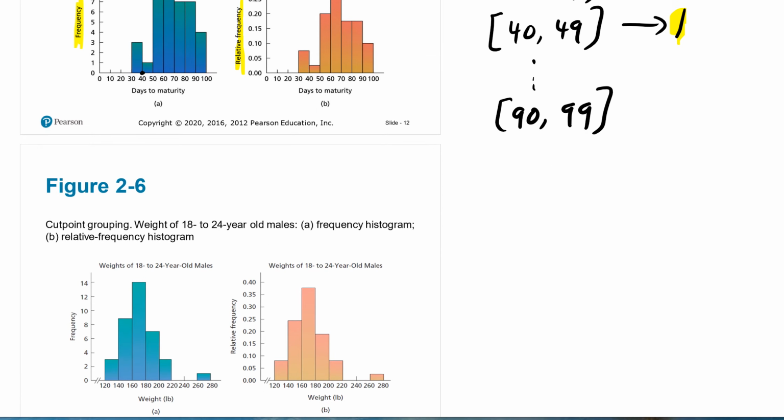And this is just another random example that talks about the cut point grouping for the weight. So, weight, you don't always have to be like 130 pounds or exactly 200 pounds. You can be like 200.7 pounds or 199.6 pounds. That's where this cut point grouping works.